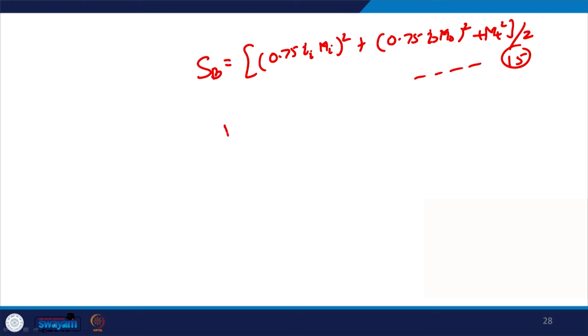Now, where this Mi, Mo and Mt are the in plane, out of plane and the torsional moment respectively acting on the pipe, and Z is the section modulus. I and Io are the in and out of plane stress intensification factors.